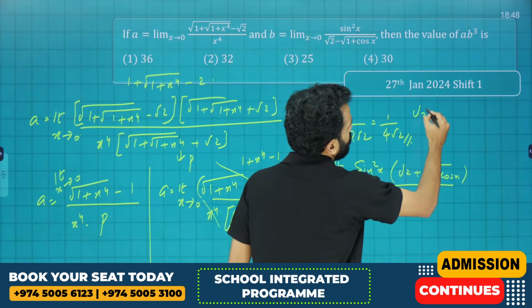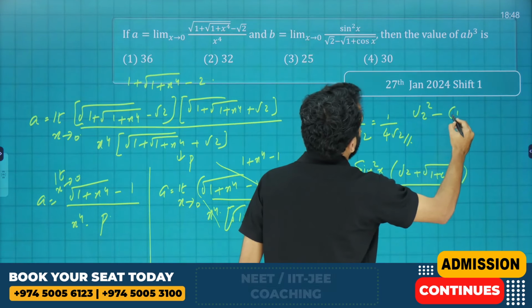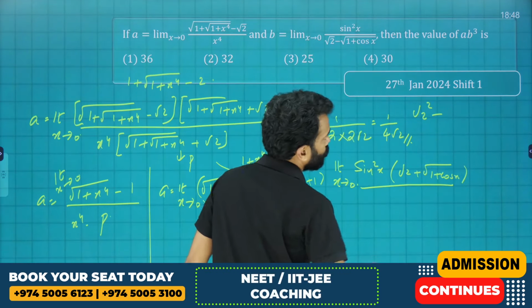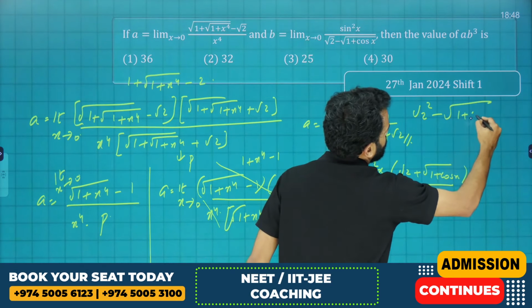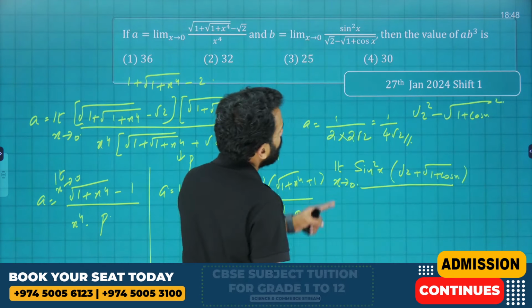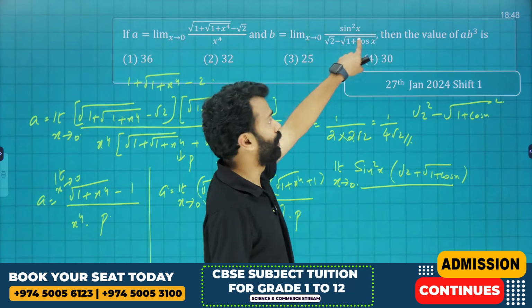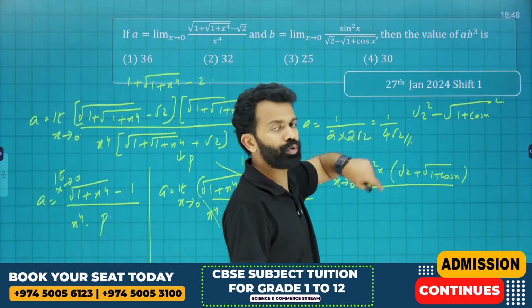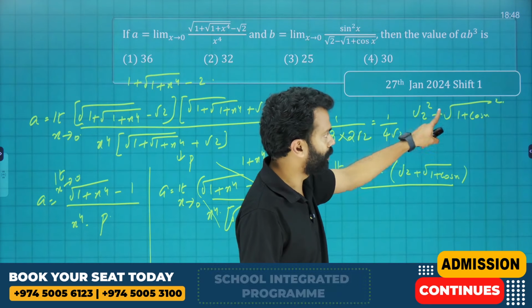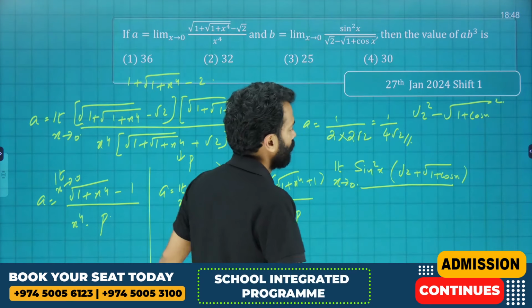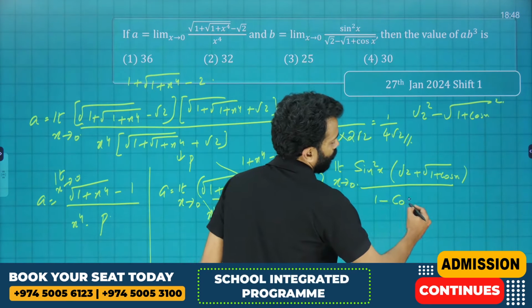That is root 2 square minus root 1 plus cos x the whole square. This into its corresponding conjugate becomes a square minus b square. What is root 2 square? 2. 2 minus 1, that is 1. 1 minus cos x will be there. Therefore, it will be 1 minus cos x.